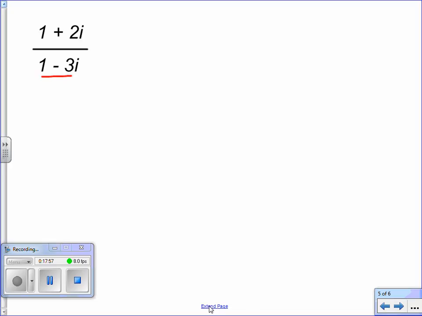So I want to multiply that by 1 plus 3i. Now, if I multiply the denominator of my fraction by 1 plus 3i, then I must multiply the numerator of my fraction by 1 plus 3i. So you have to follow old fraction rules.